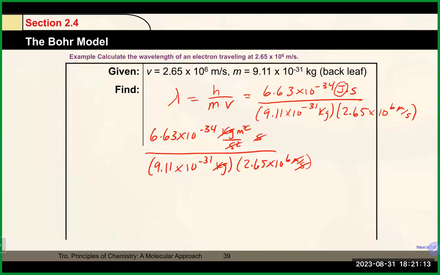As you can see, even though we changed the units, h is still the same value, so that's not a big issue, hopefully. And we will end up with a wavelength of 2.75 times 10 to the minus 10 meters, I believe, in this particular case.